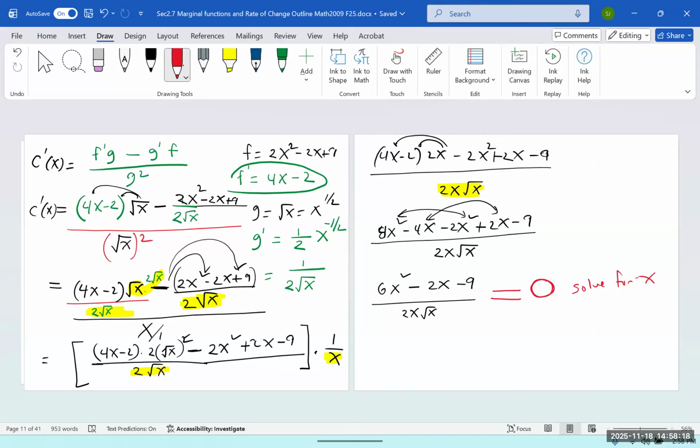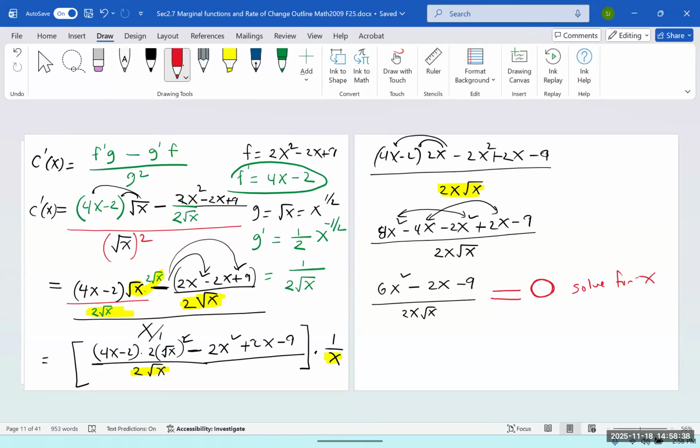So (4x minus 2) square root of x. And then we multiply top and bottom by 2 square root of x, which is 2 times x, 4x minus 2. And you're subtracting 2x squared minus 2x plus 9.